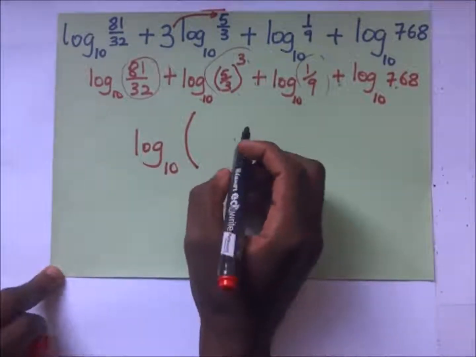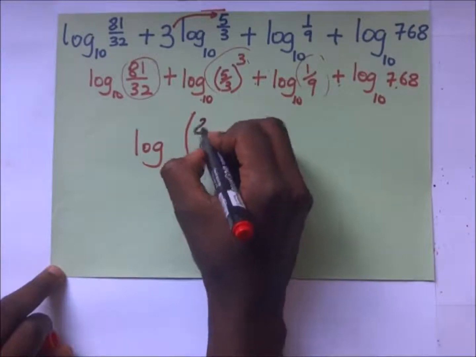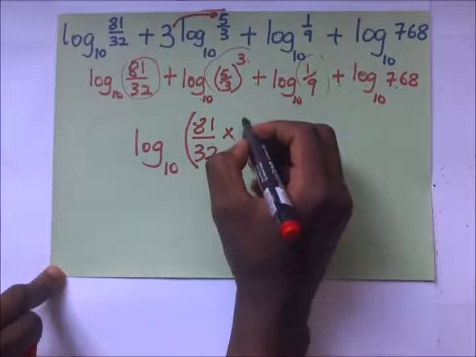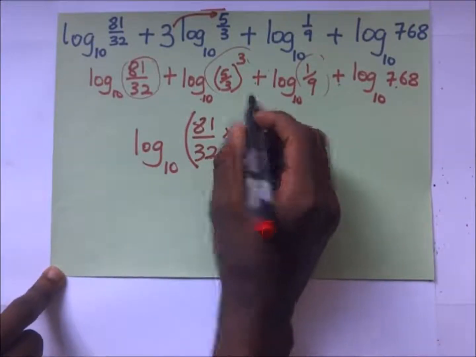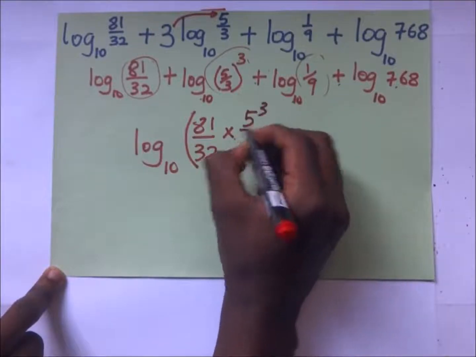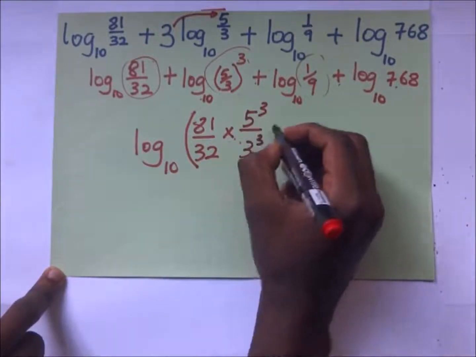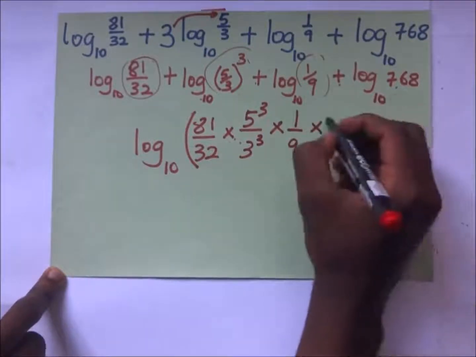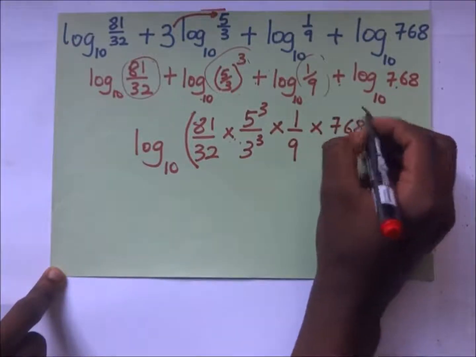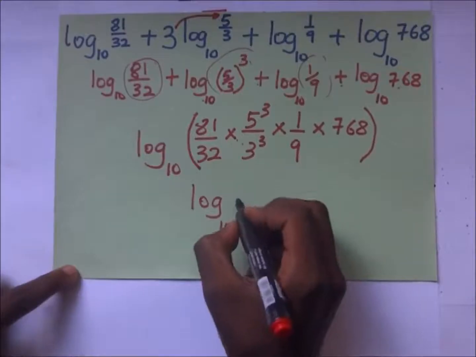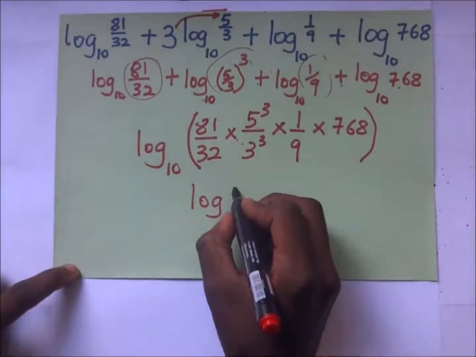So it's going to become 81 over 32, multiply that by 5 cubed over 3 cubed, multiply that by 1 over 9, multiply that by 768, and definitely our answer here is 1000.